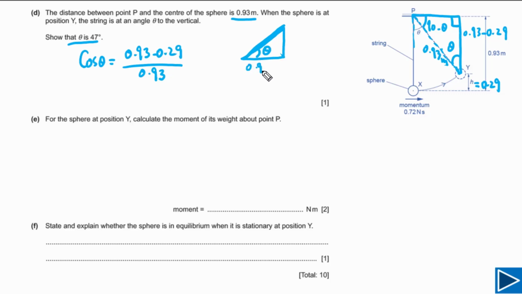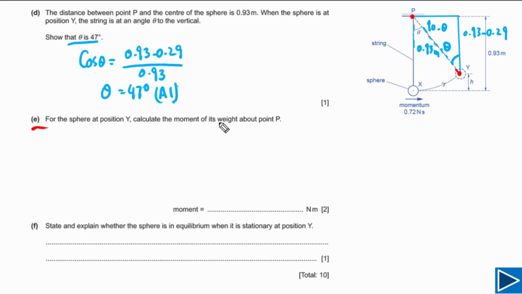This is 0.93 minus 0.29 and this side is 0.93. We are simply calculating this angle now. If we solve this for theta, our final answer will be 47 degrees, and this is our answer, and this is the answer mark, so this is an A mark.